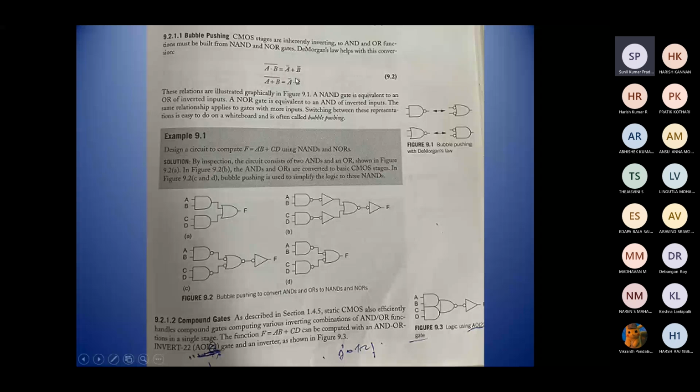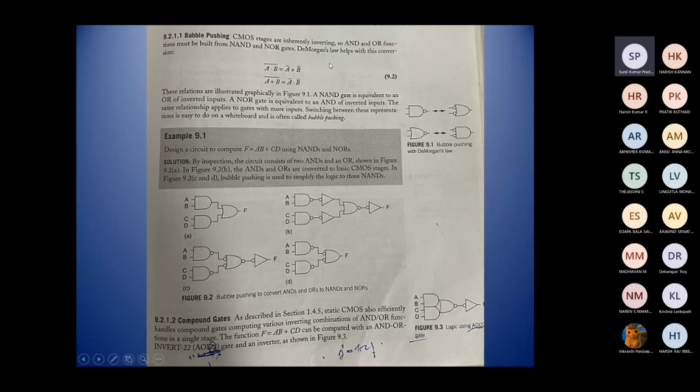So (A dot B) complement, a NAND operation, gives rise to A complement plus B complement, where plus is our OR operation. In a similar way, for a NOR operation, (A plus B) complement is equal to A complement dot B complement. That means this NOR operation gives rise to an AND operation at last.